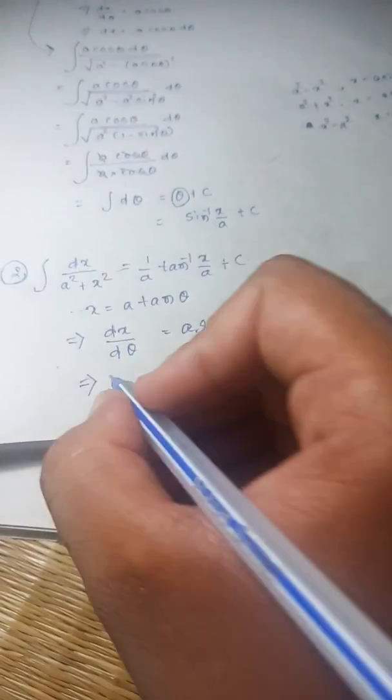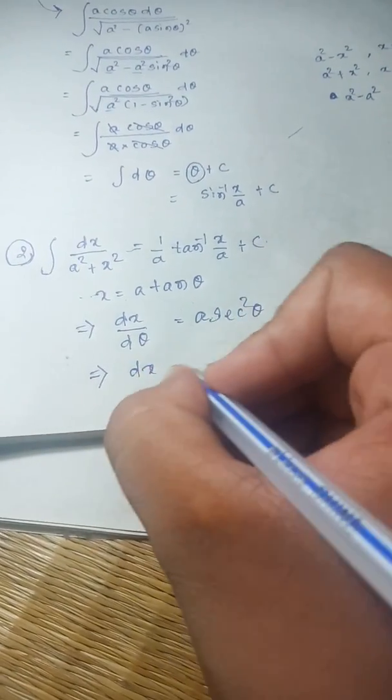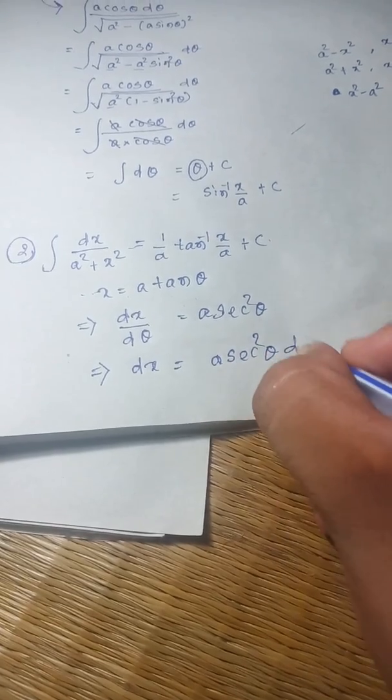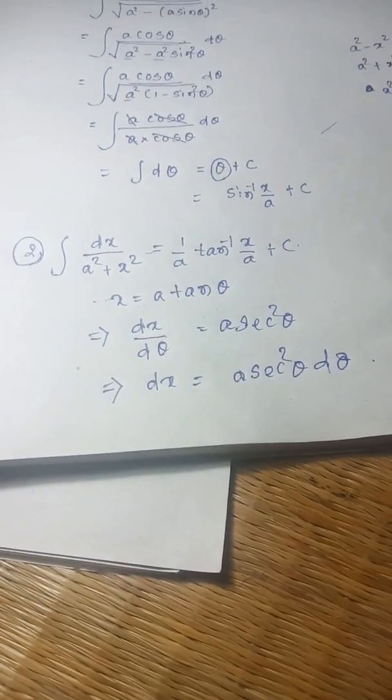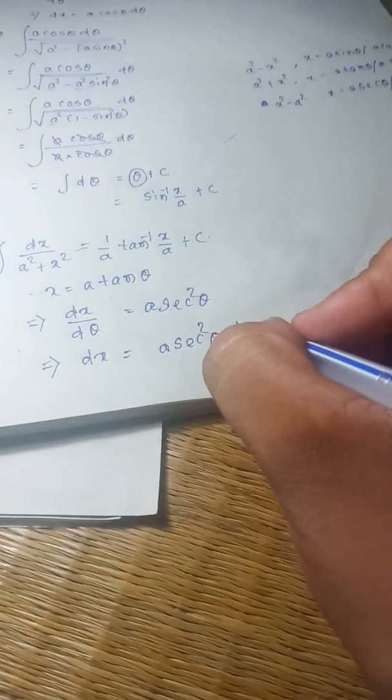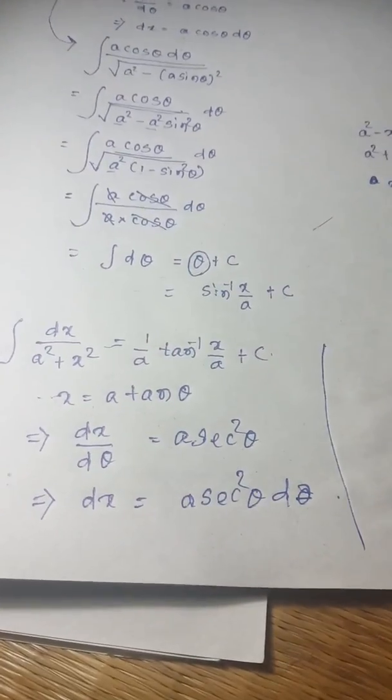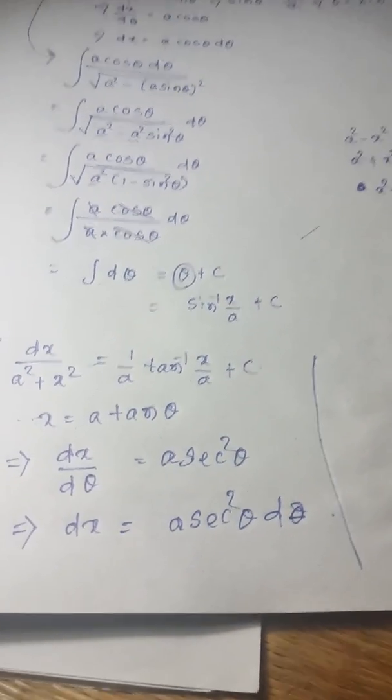If dx by d theta is equal to a sec square theta, I can write dx is equal to a sec square theta d theta. So we have got dx is equal to a sec square theta d theta.